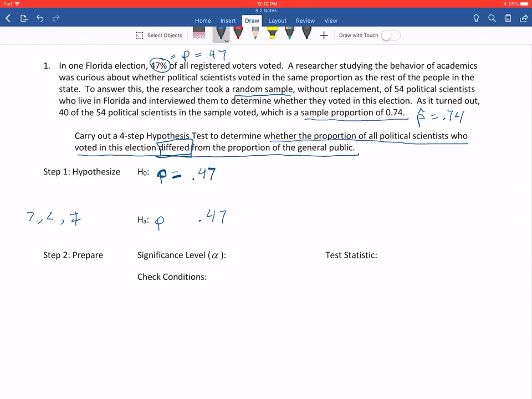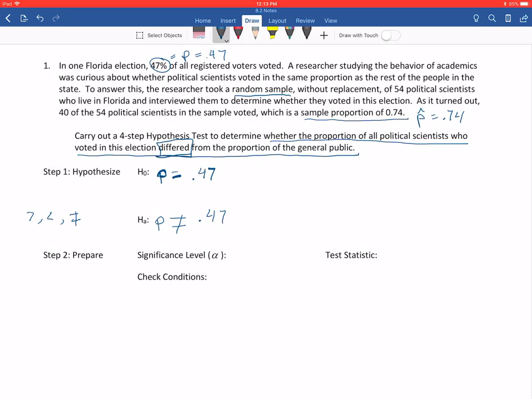So this researcher does not care whether it's higher or lower. He's only concerned about whether it's different. So we're going to use the not equal to there. You have to get the right symbol there. Otherwise, your entire hypothesis test will come out wrong. Your numbers will come out wrong in the end, because that symbol determines which kind of test you're running, a one-sided or a two-sided.